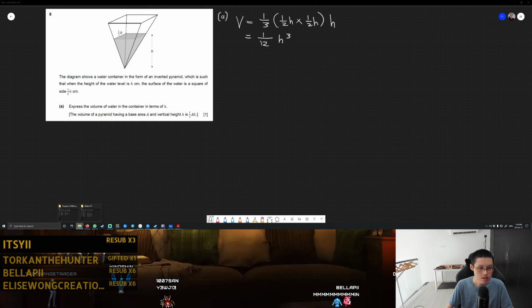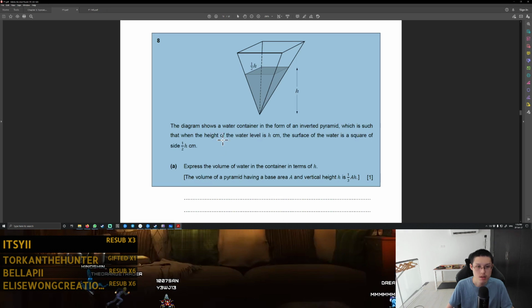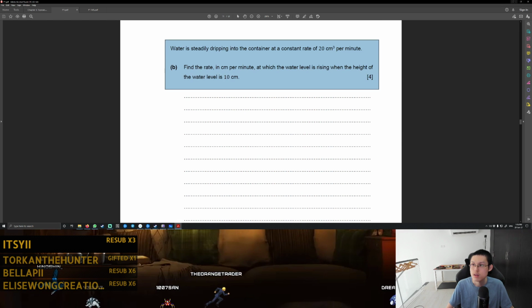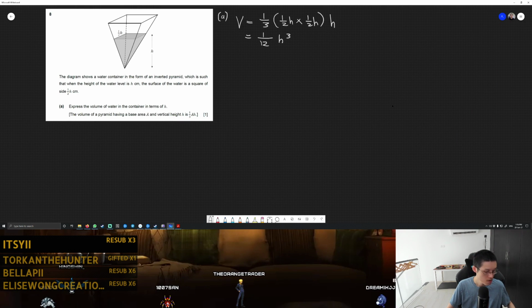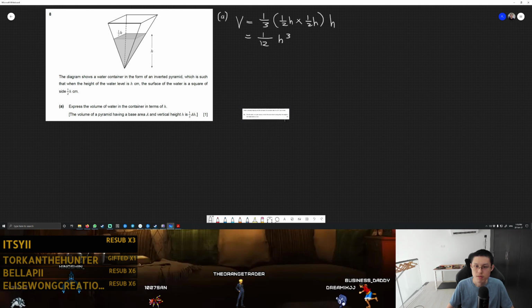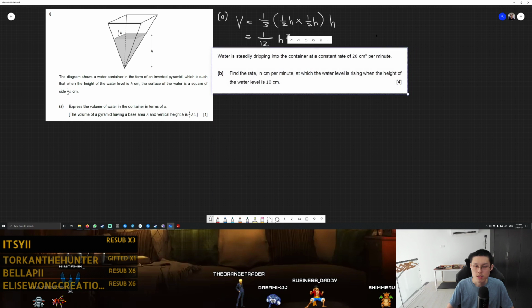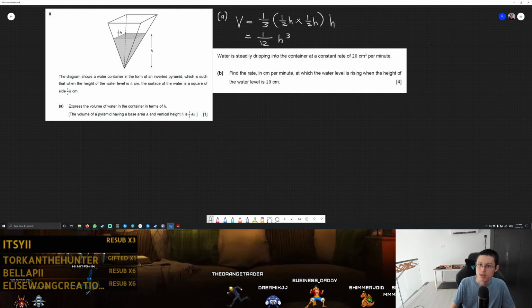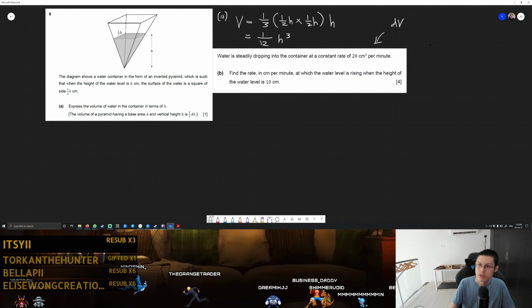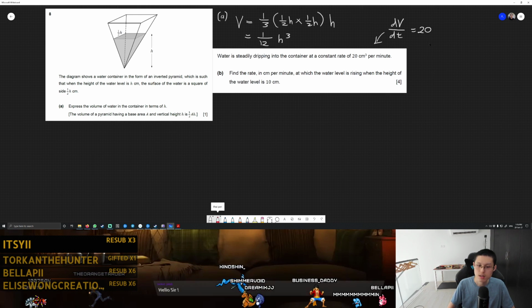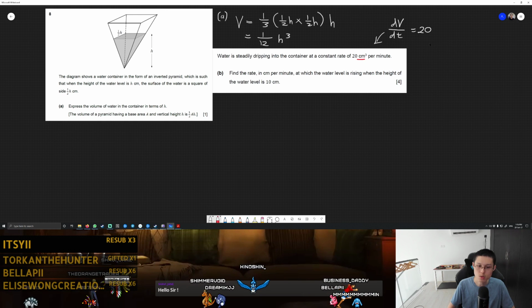Okay, and then the second part of the question. Water is steadily dripping into the container at some constant rate. So this is actually dV/dt is 20, because you can see the unit is in centimeters cubed.